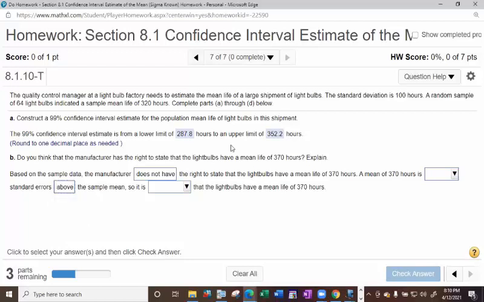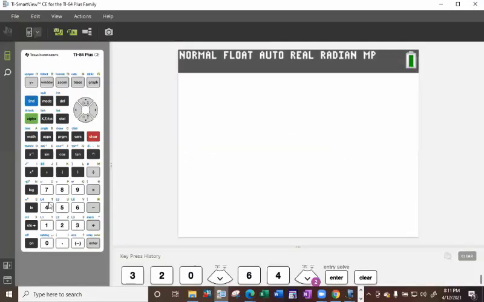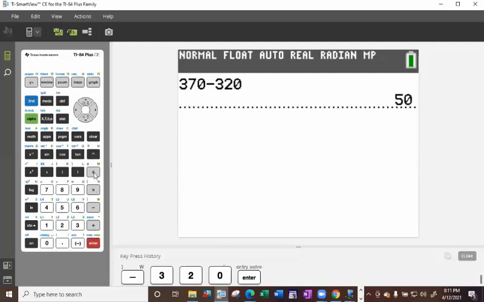So we're comparing 370 to 320. 370 minus 320, and I'll just hit enter, divided by that 12.5 we just calculated.